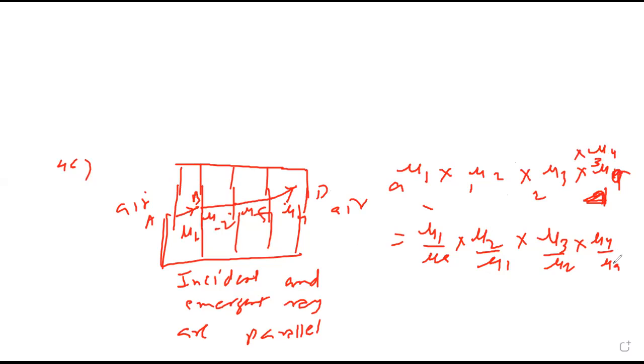So 4 by 3 into air by 4. So mu2, mu2, mu1, mu1, mu3, mu3, and mu4, mu4 cancel. Mu air cancel. So what is finally left out?